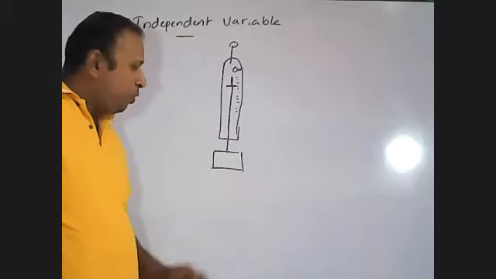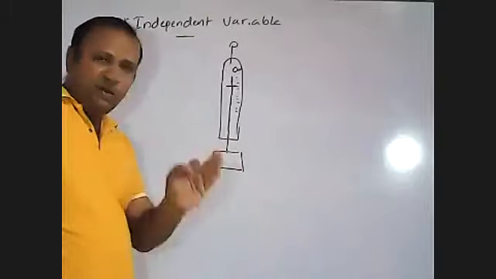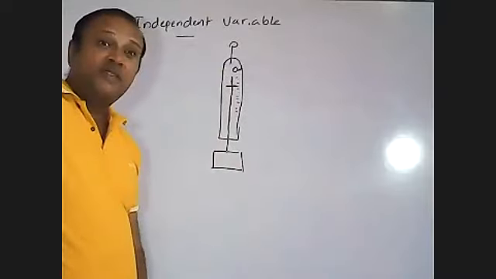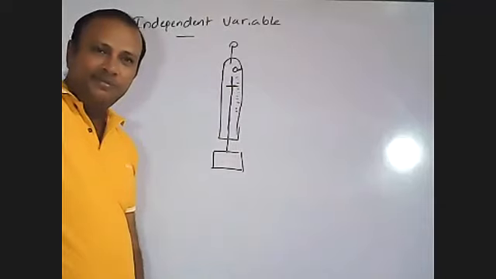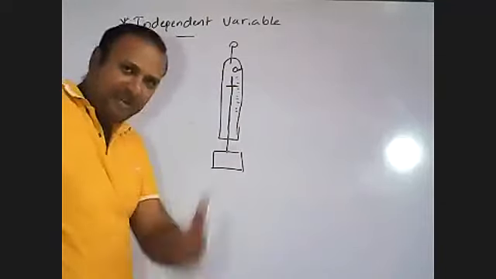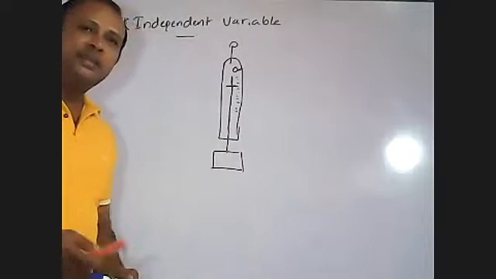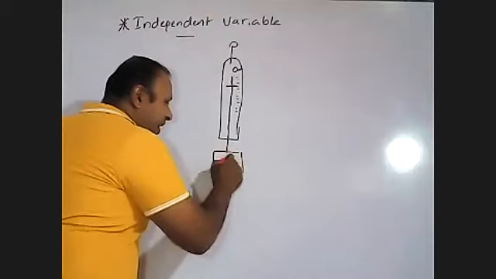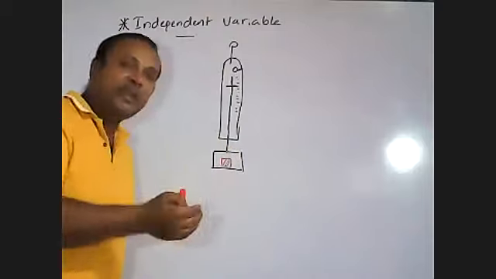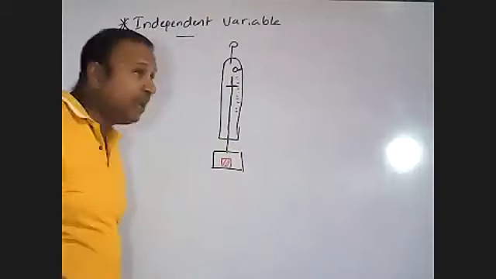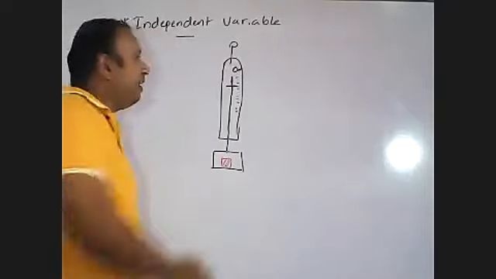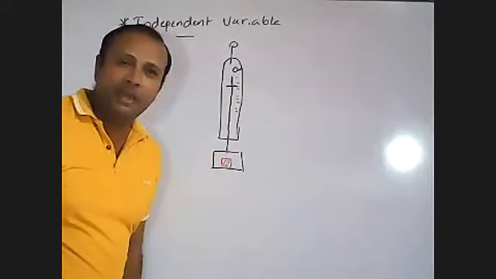What is the variable that you can change here? The weight. Very good. The only thing we can change here is the weight. We can add some weight, and after adding that weight, we can look into the scale. We cannot change the scale and then put some weight.